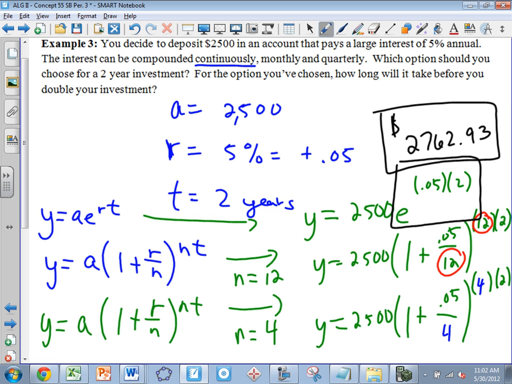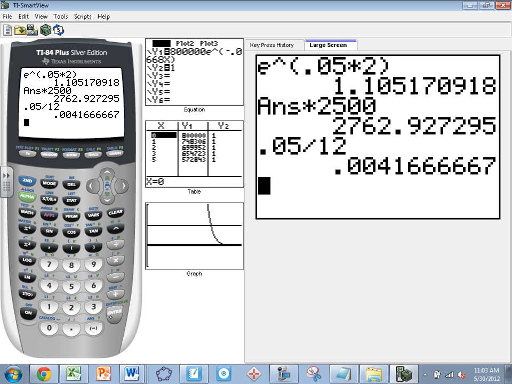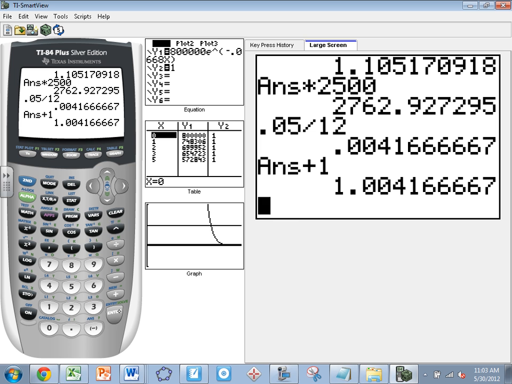For monthly compounding, this is very complicated to do. Do what's in the parentheses first, please. So I would do 0.05 divided by 12. I would start with this right here. Then I would add 1 to that. Then I would take that answer and raise it to the power. Then I would take that answer and multiply by 2,500. So let's do that together. Okay? 0.05 divided by 12. Enter. 004. Good. Plus 1. Enter. 1. Raise that.